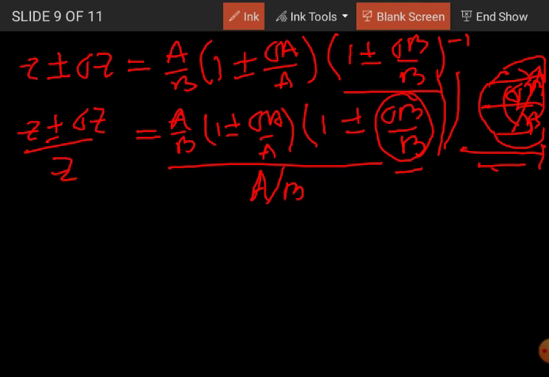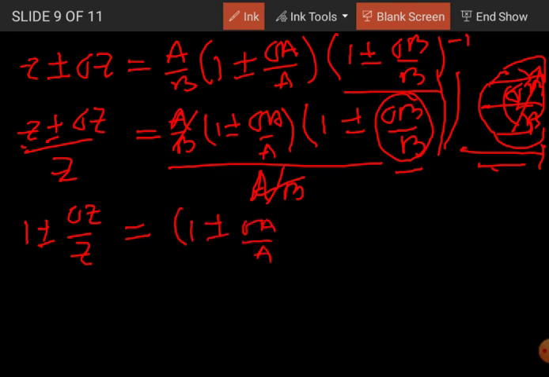So this z will be cancelled, and on the left hand side you will have 1 plus minus delta z by z. On the right hand side, you will have only 1 plus minus delta a by a, whole into 1 plus minus delta b by b.